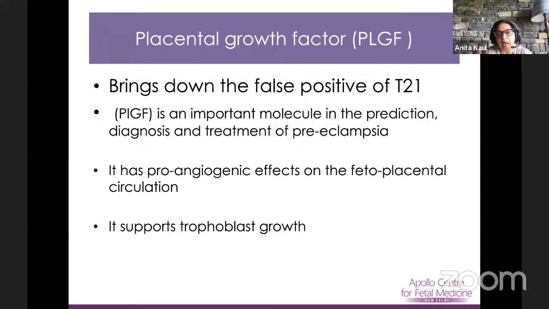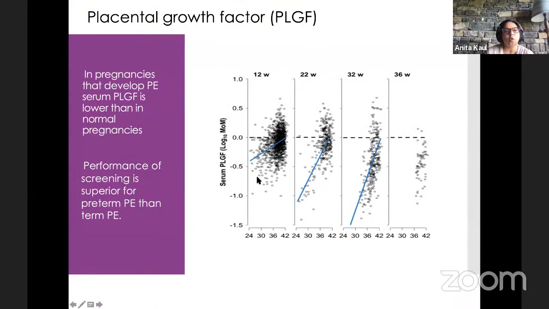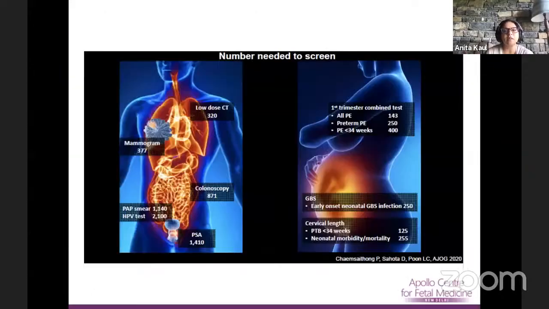And will that make such a big difference to the Down screening research? So as you can see, if PLGF behaves like PAPP-A, in situations which are not very good, the PLGF is low, but the higher the PLGF, the better the situation.